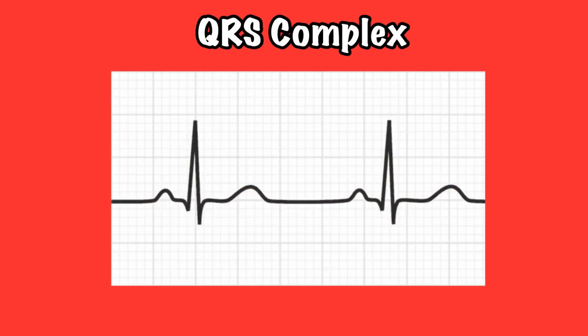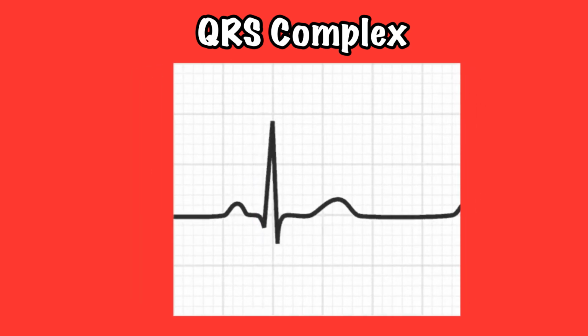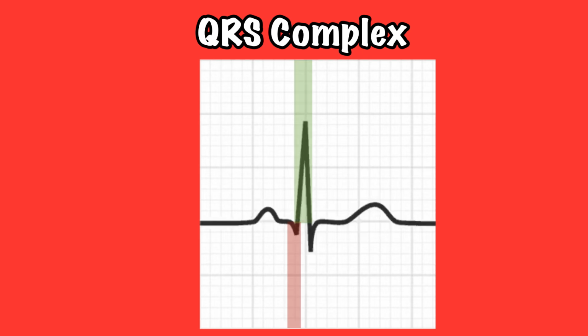We want to measure the QRS complex. How long does it take to depolarize and contract those ventricles? Start this measurement at the same place that we finished the PR interval measurement, the first change in inflection after the end of the P wave. A picture-perfect QRS complex goes below the baseline, turns and shoots up before dropping back down below and then returning to the baseline.